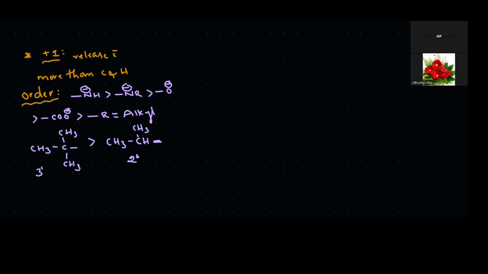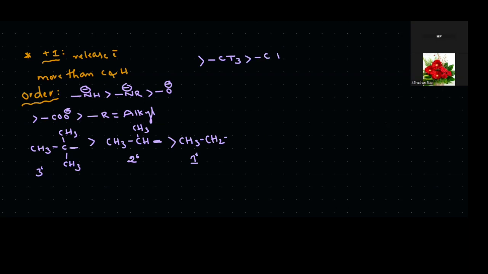Next CH3 CH2, this is a bond, meaning it is a primary carbon. This primary carbon is attached to the main chain. Then after that, the CT3 group is more releasing than CD3.